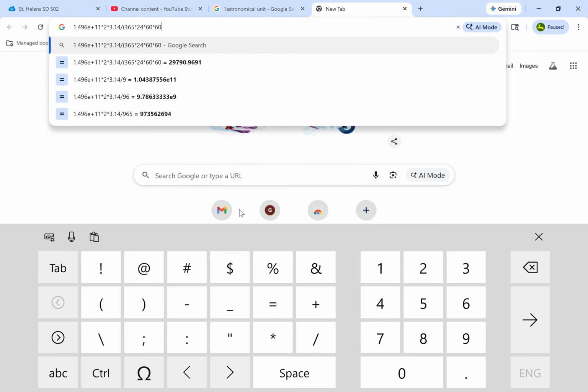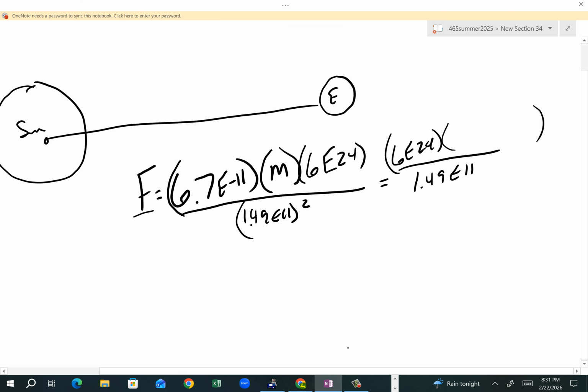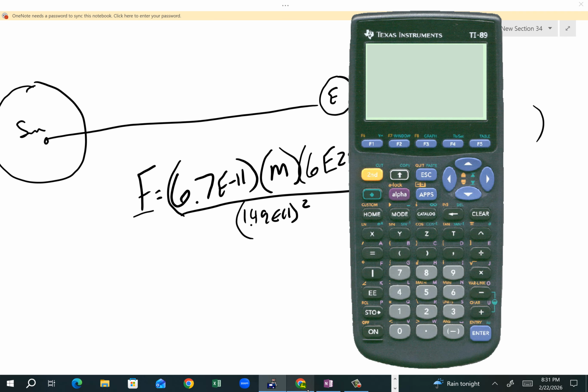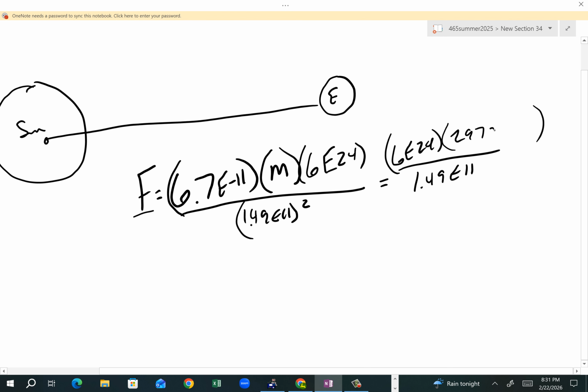That will give us the meters per second. So we're going roughly 29,790 meters per second, squared, of course.